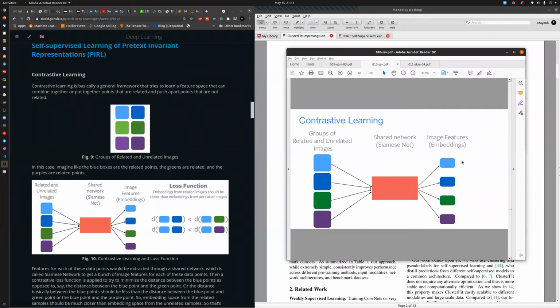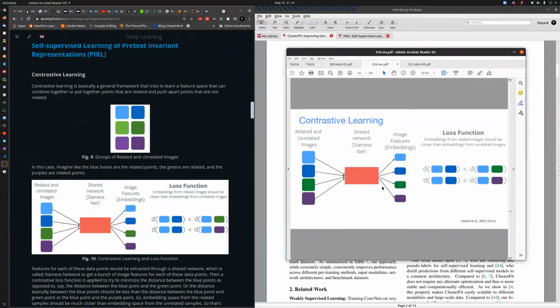We push the points that are together and push the points that are apart based on the image features, and we get a loss function that can be represented at a high level like this.